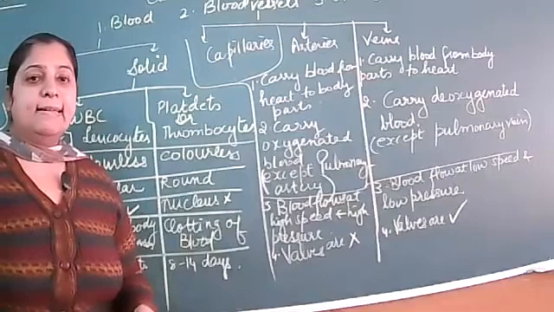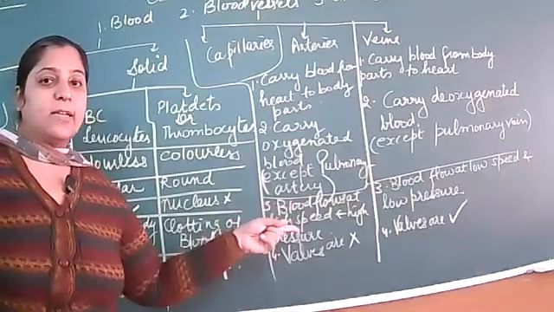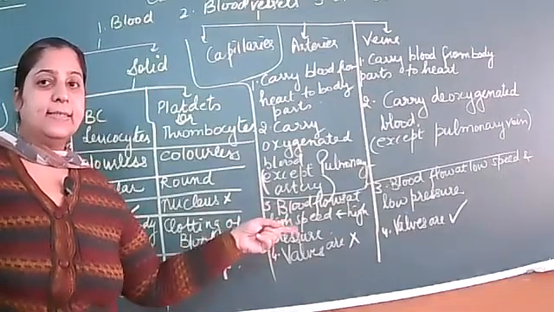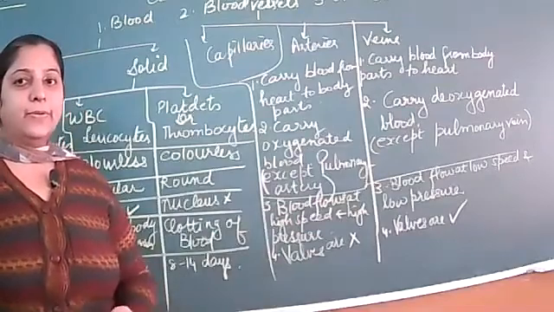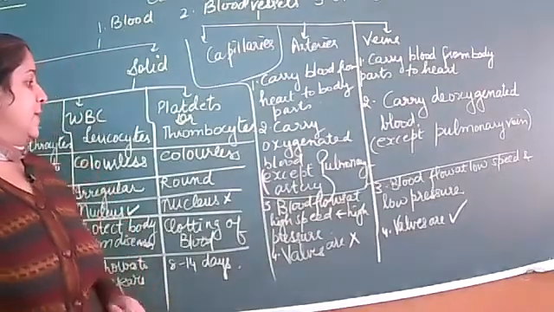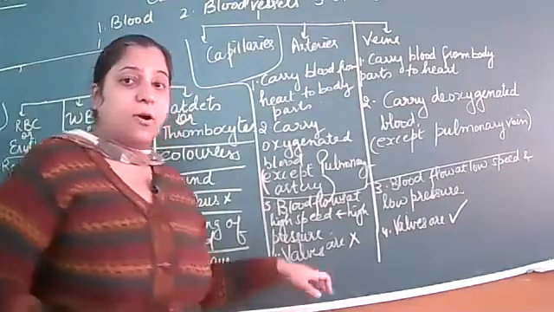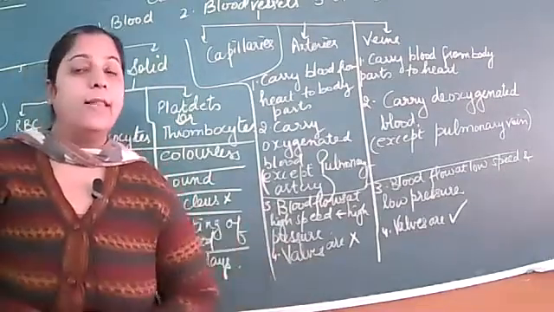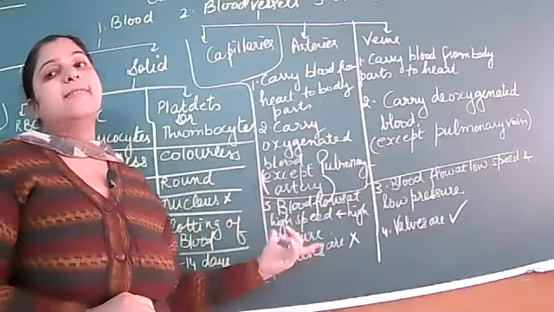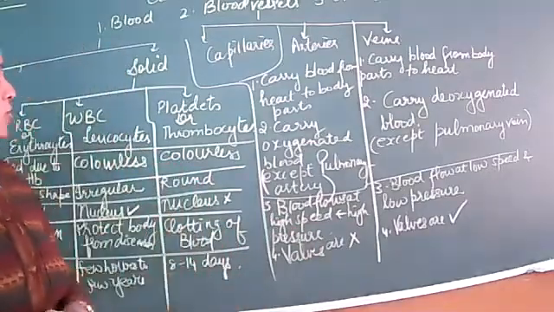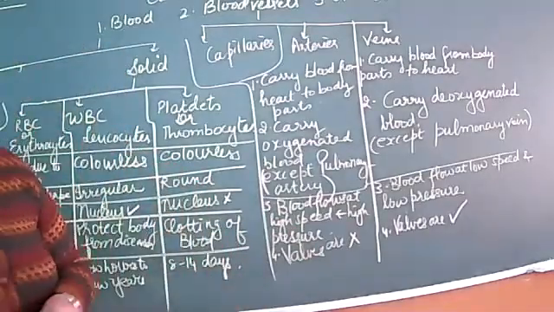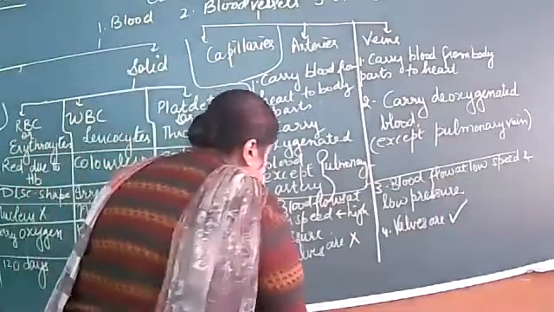I guess the board is very much clear from this side, where I am writing, right? And in case of arteries, because the blood has to flow in all the directions, the valves are absent. Now students, arteries are deeply seated.